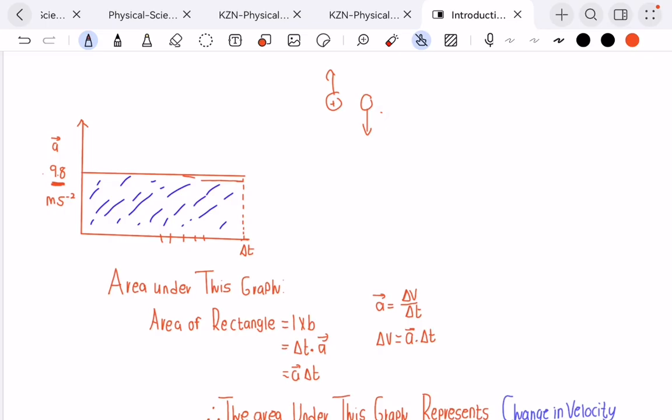So if you put a positive acceleration, then you're wrong. You have to draw it like this, in the negative y-axis, right? So yeah, that is one of the important things that you have to note for both the velocity versus time graph and the acceleration versus time graph, right?